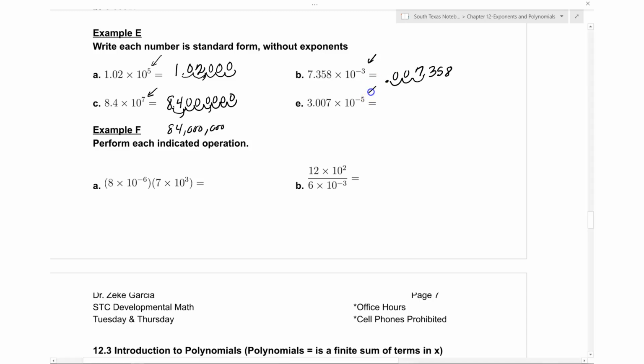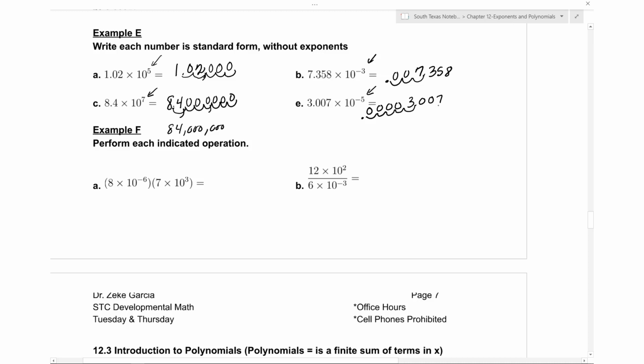And if you look at example E, we have 10 to the negative 5 power. So we have 3.007, and we're going to move 5 spaces to the left: 1, 2, 3, 4, 5. So it's 0.0003007.